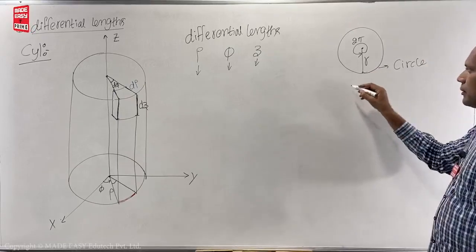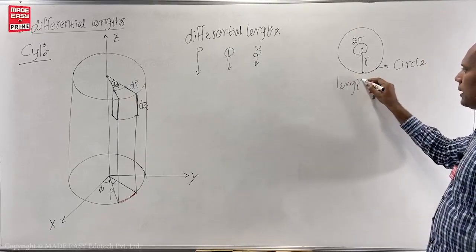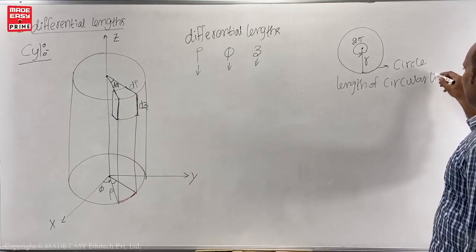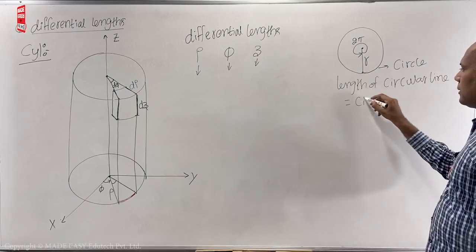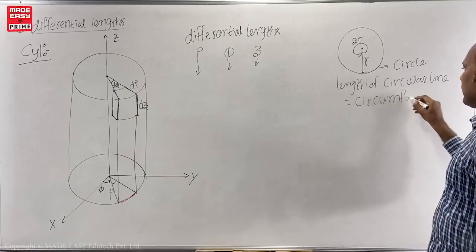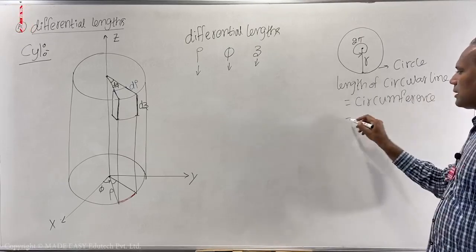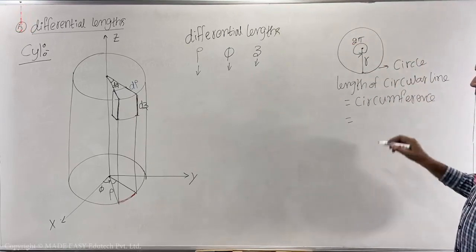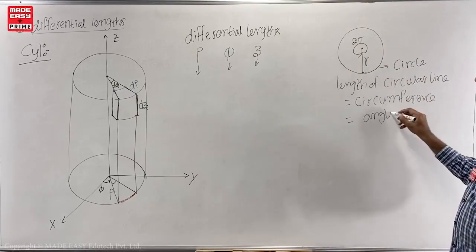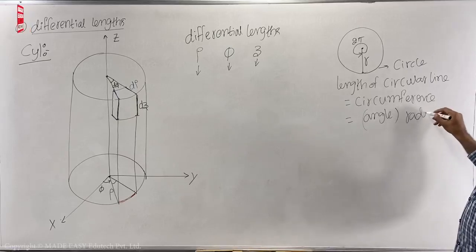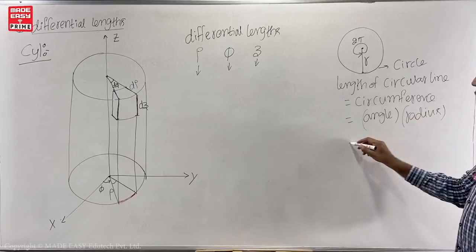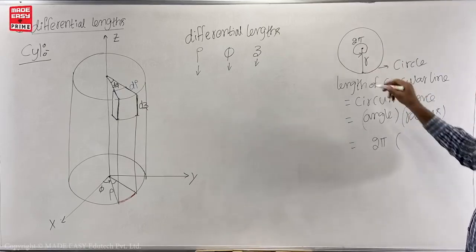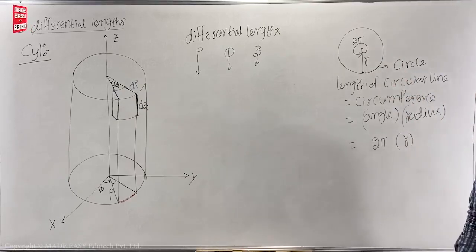So now what is the length of the circular line? That is nothing but the circumference. The circumference is nothing but total angle multiplied with radius. So how much angle have we rotated? 2 pi radians. And what is the radius? r. So 2 pi r.